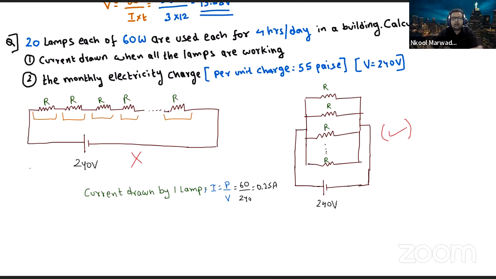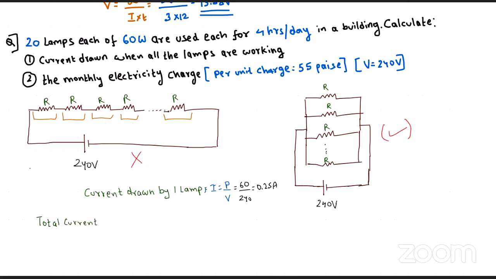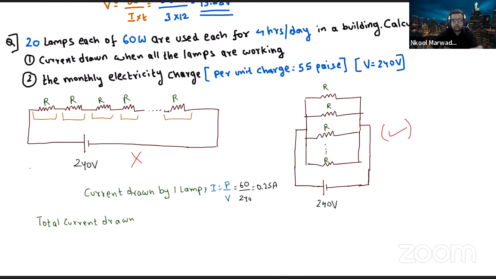Now the total current drawn, because in the first part they are asking the current drawn when all the bulbs are working. So every bulb is drawing 0.25 ampere. So very easily I can calculate the total current drawn. Total current drawn by 20 bulbs.